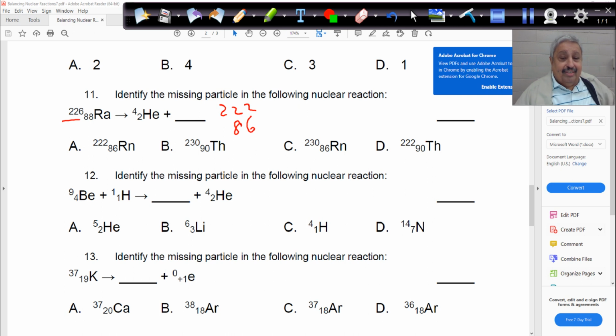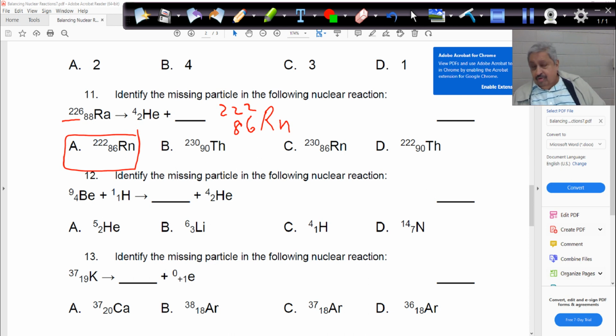Now we are turning to our actual Monday. What is 86? Look it up. Radon, correct? So the element will be Rn, radon. Okay, guys? Radon 226, 86.